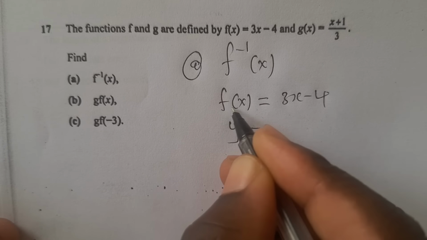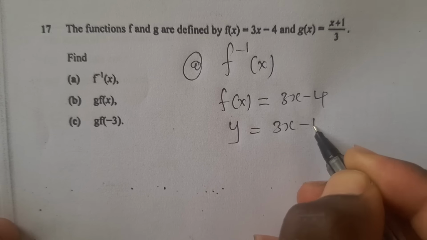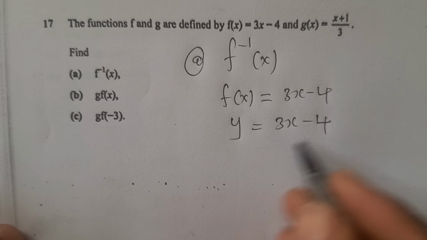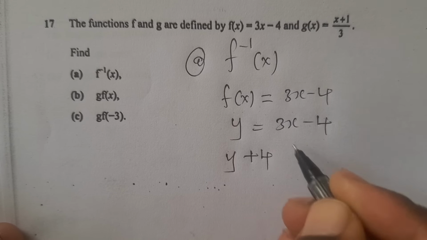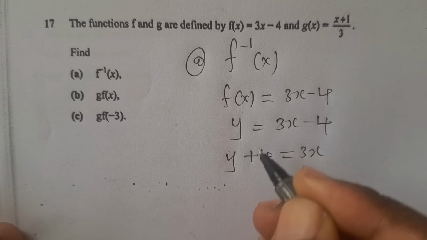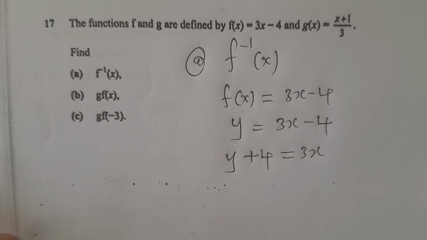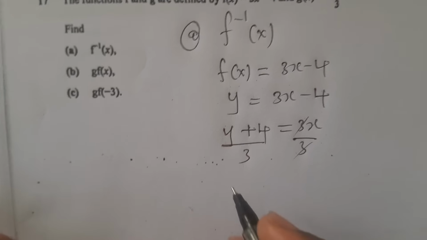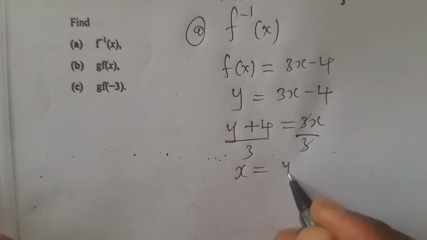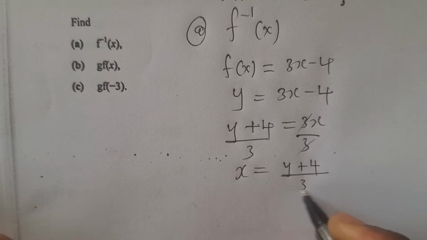Write y in place of f(x) and make x the subject of the formula. The 4 will come this side, it's negative 4, it will now be positive 4. Divide by 3 by 3, this and this will go. We shall remain with x equals (y plus 4) over 3.